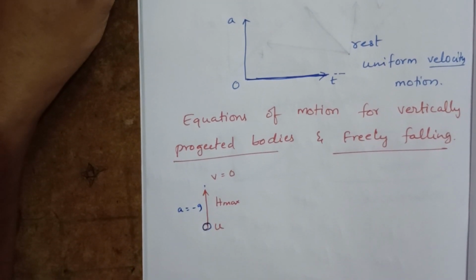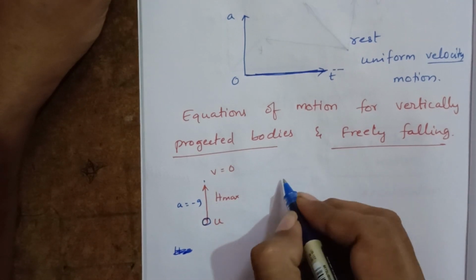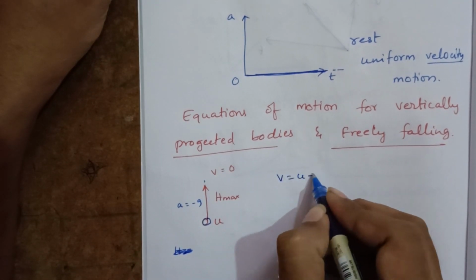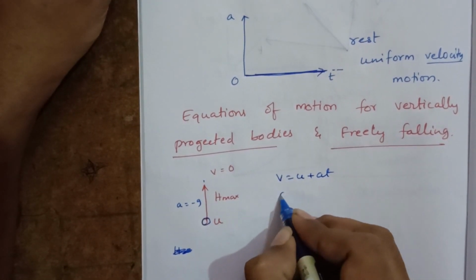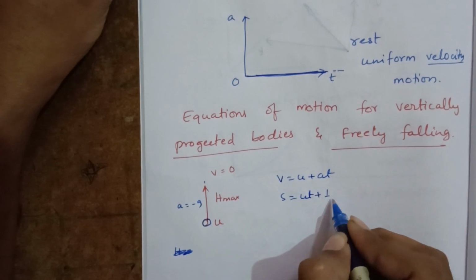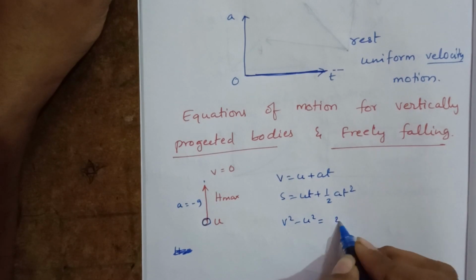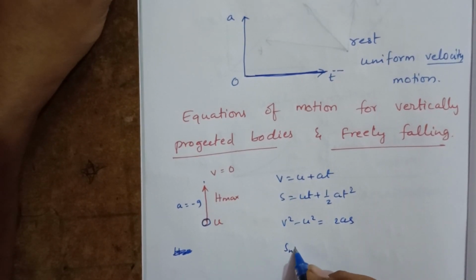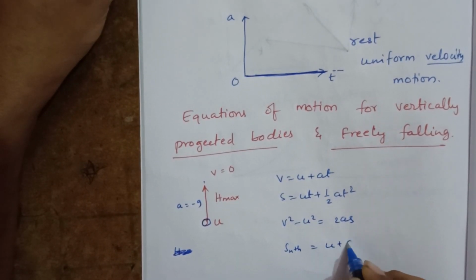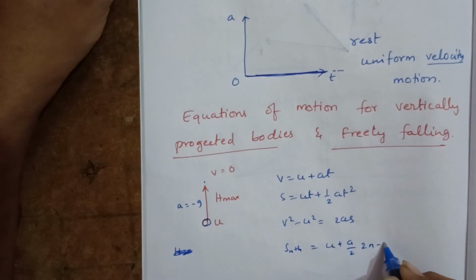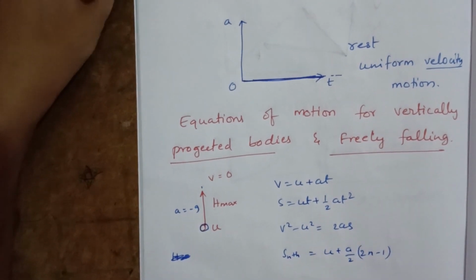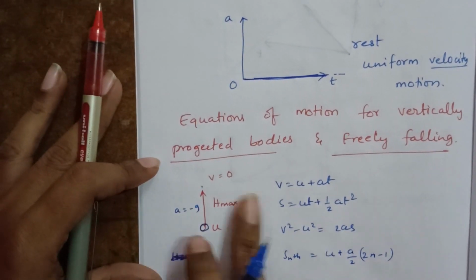So for the equations of motion, we have four equations: v equal to u plus at, s equal to ut plus half at square, v square minus u square equal to 2as, s nth equal to u plus a by 2 into 2n minus 1. These equations can be written using this data.